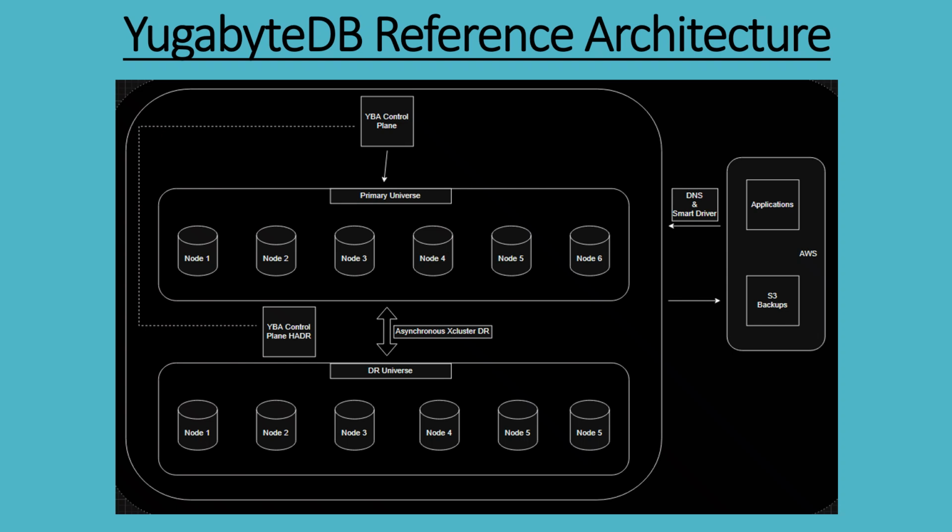Since I'm selecting the data for value 10, it should go to node 1. Node 2 and node 3 may also have the follower data of the same data range, but by default it goes to the leader only. So node 1 gets the request, picks up the row with ID value of 10 and returns it back to the client.